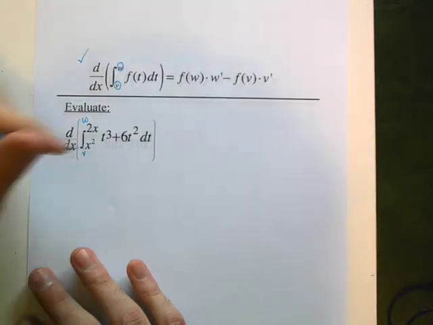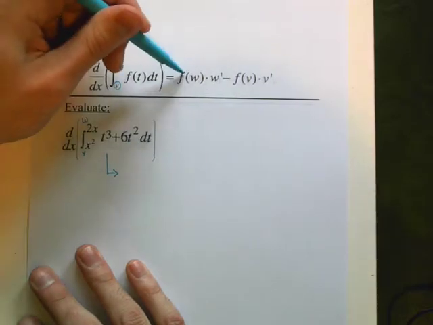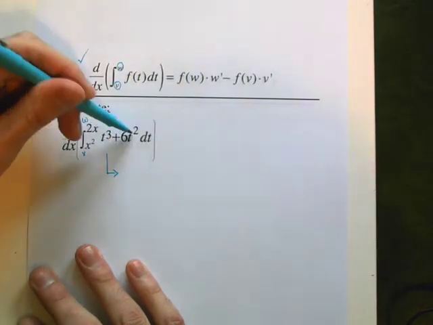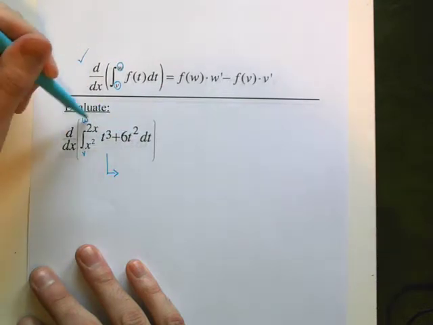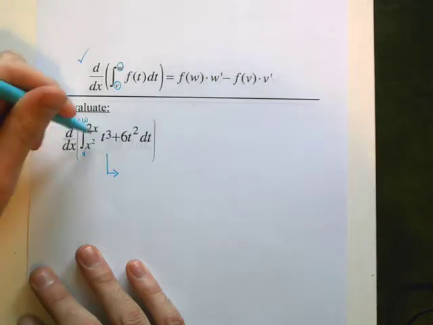Okay, so to use this, we're going to say f of w. What that means is I'm going to take my function and plug w in wherever I see t. So w is 2x.